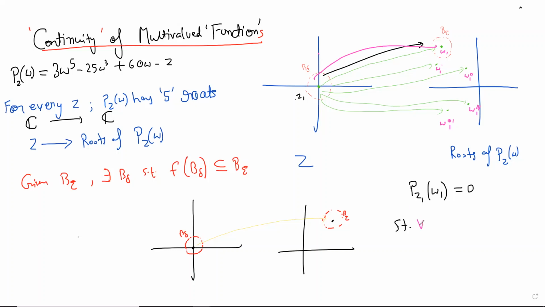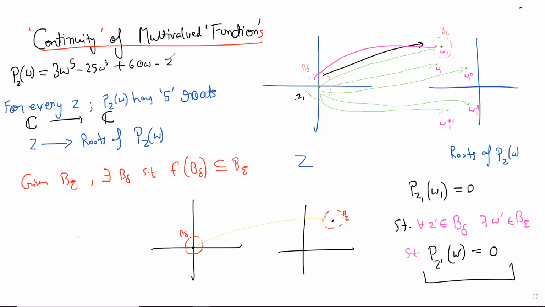Such that for all Z prime in this neighborhood, there exists a W prime in that ball such that P at Z prime has at least one root W prime. So at least one root is pretty close to the original root.